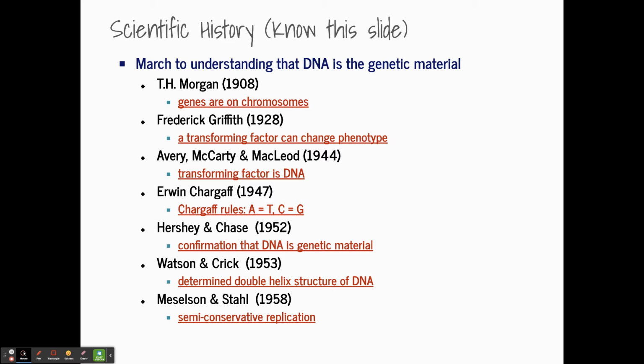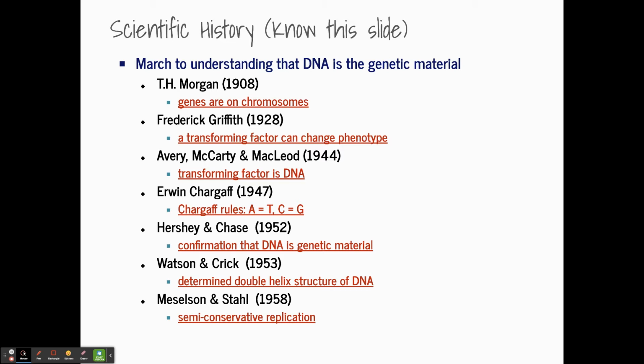So whatever is being passed from one organism to the next can change the trait. In 1944, Avery, McCarty, and MacLeod described that the transforming factor is DNA. So in 1944, the molecule that's being passed is DNA.